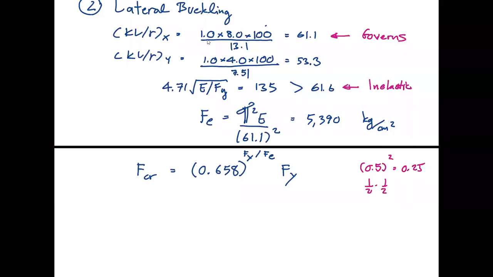Okay, so let us get going into the calculation. Here is 0.658 to the power of 2500 over 5390, and then multiply again by 2500.